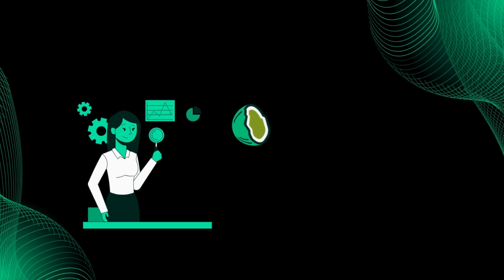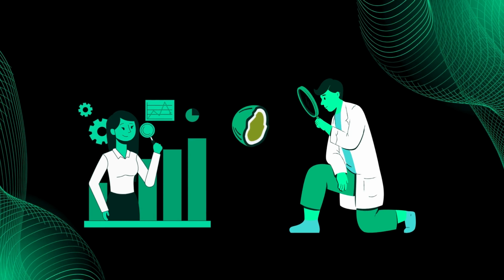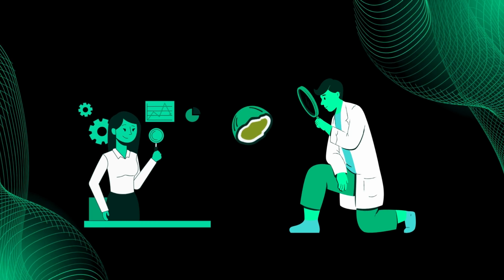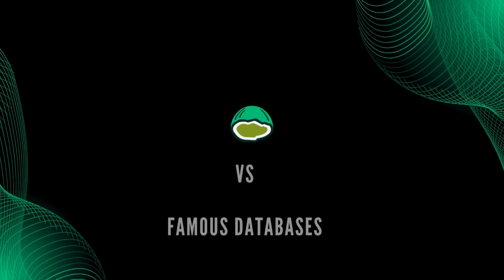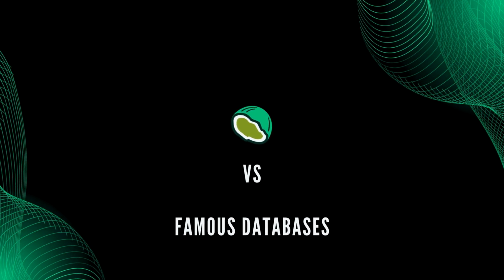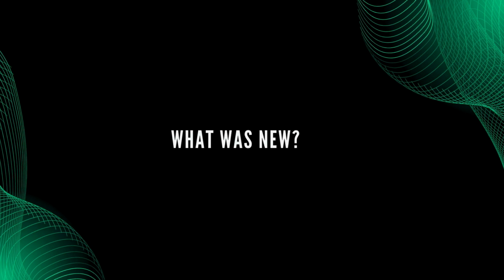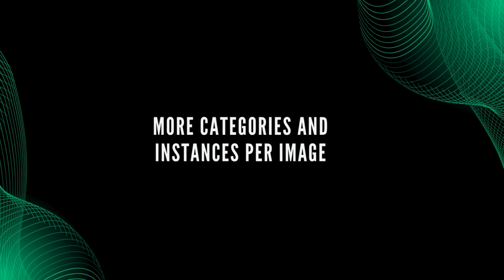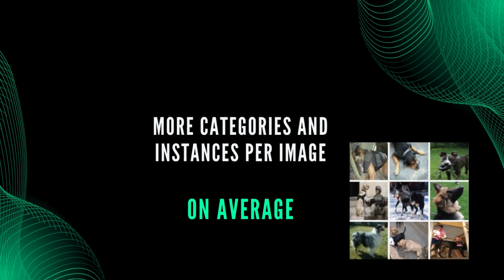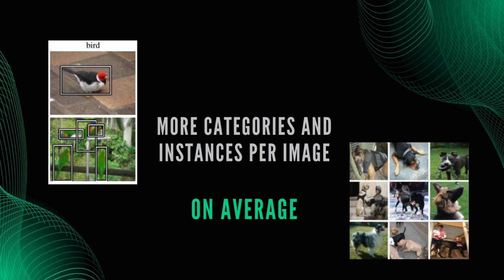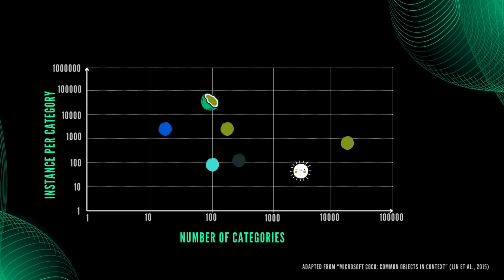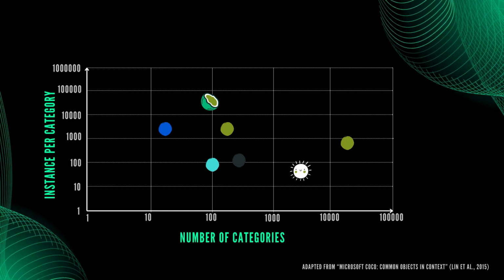After some internal evaluation and examination, they finally had a dataset ready to compete with the by the time current famous databases. So, what was new in this dataset? Well, they presented more categories and instances per image on average than ImageNet and Pascal VOC. Let's take a look at this graphic.